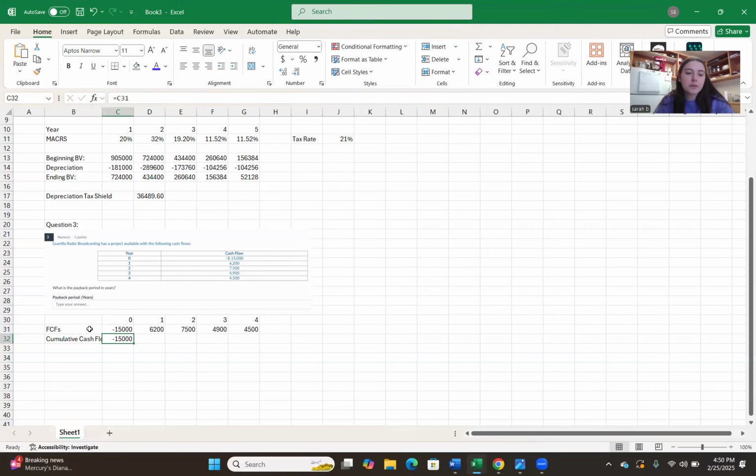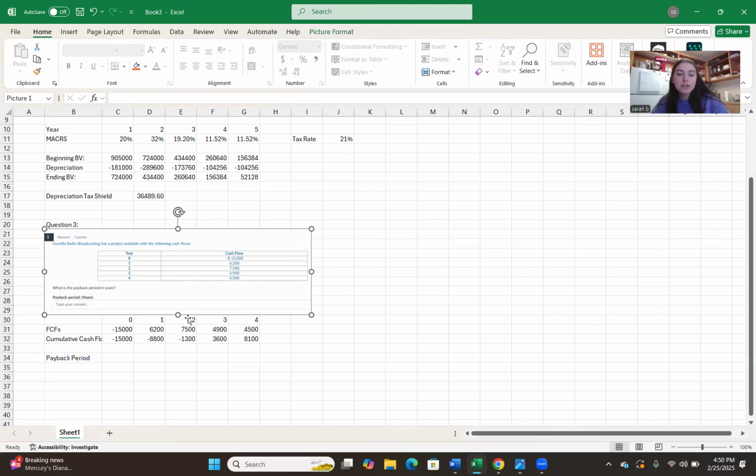Then I make this line called cumulative cash flows. And this one's just going to be that 15,000. This one's going to be, just copy that across. Okay, and what I'm looking for with my payback period is the last year that we were negative, so that would be year 2.